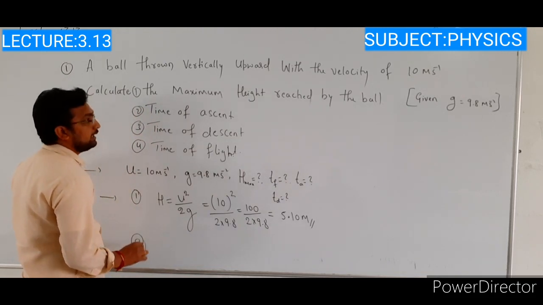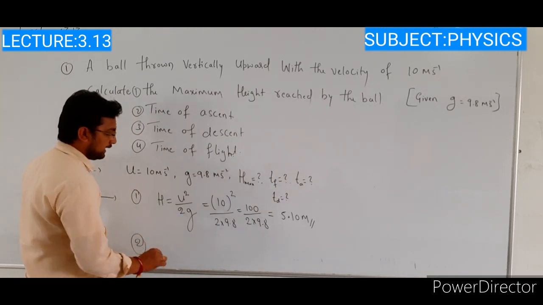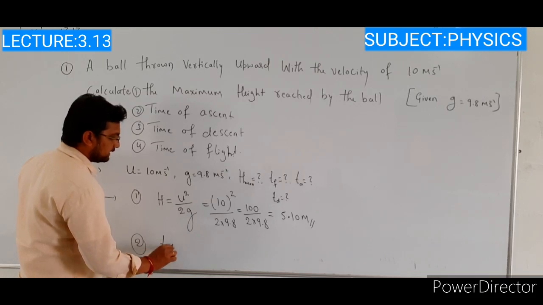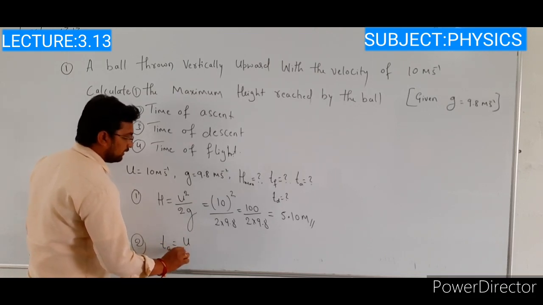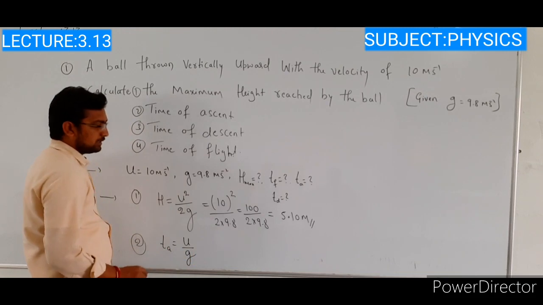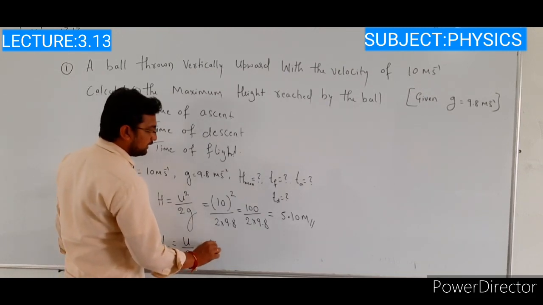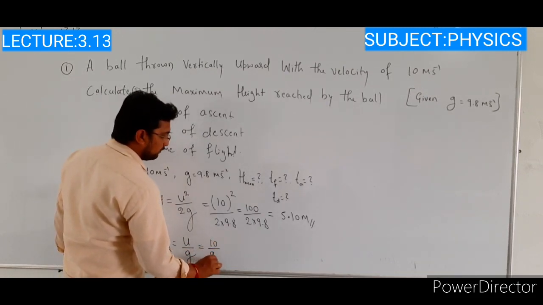And the second one is time of ascent. Time of ascent, t suffix a, is equal to u divided by g, right? That is the formula, u by g. U value is given, that is 10 divided by 9.8.